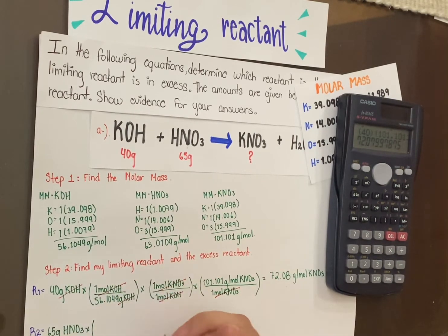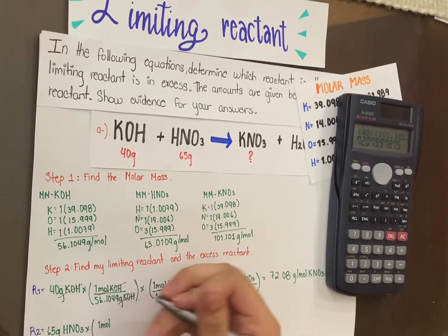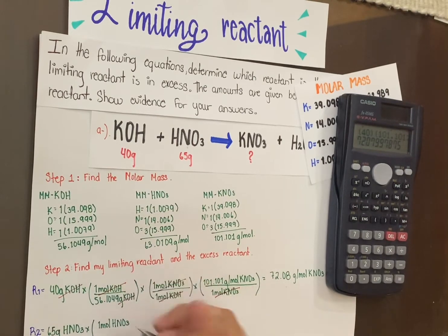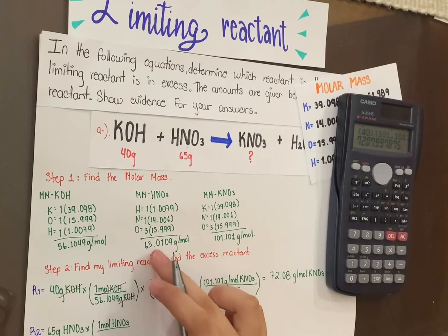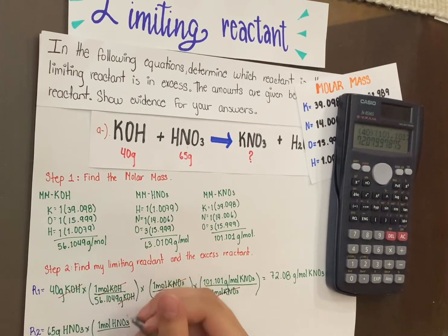So I will put that in 1 mole is 63.0109 grams of hydrogen, nitrogen, and oxygen. So this.